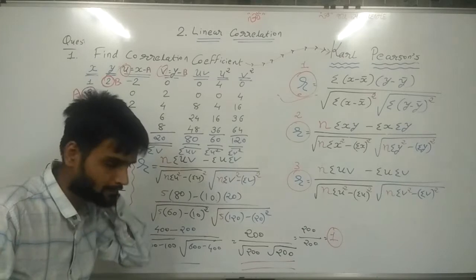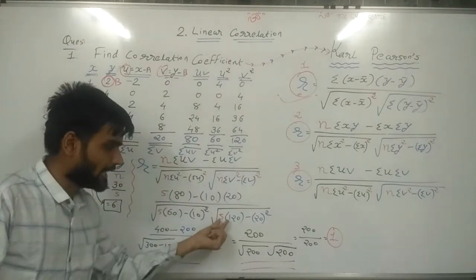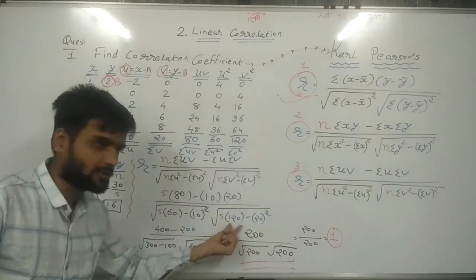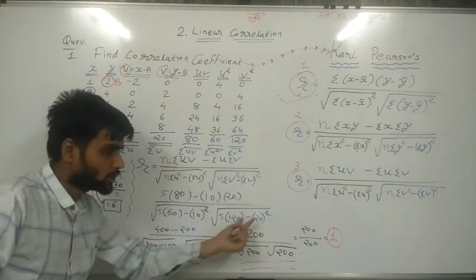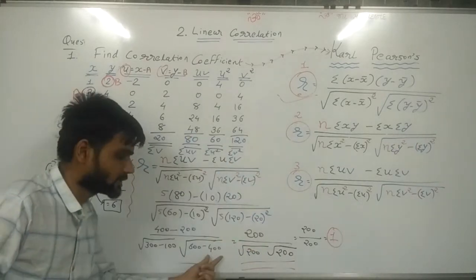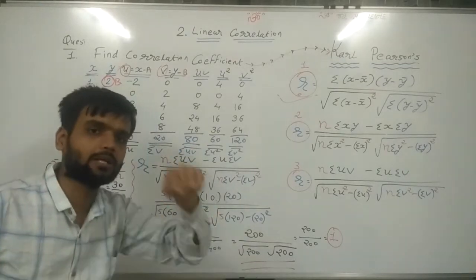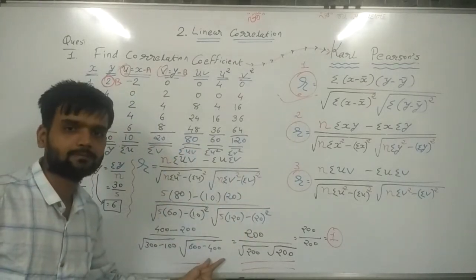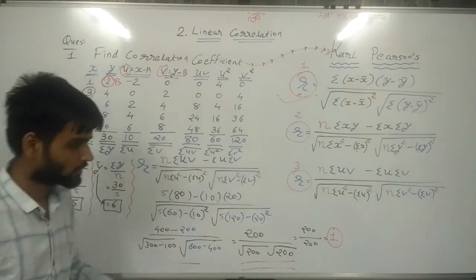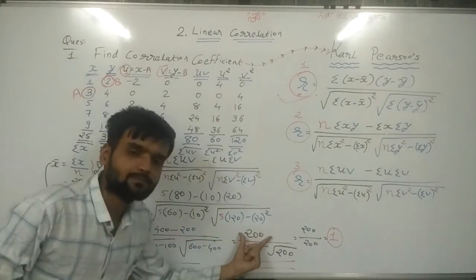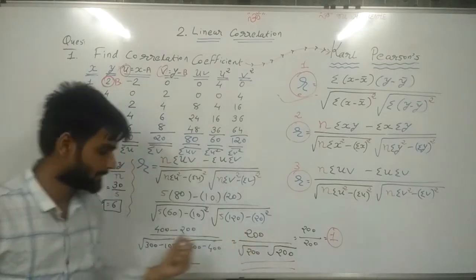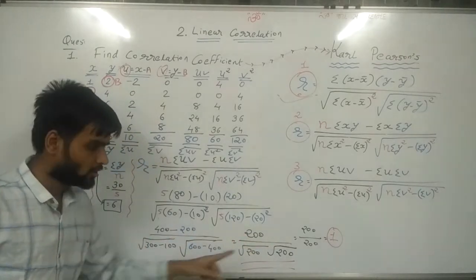Second under root n, 5 into 120, which is 600, minus, as it is, 20 square, which is 400. 20 into 20 is 400. Then 400 minus 200, the answer is 200. Divide by 300 minus 100, root 200.